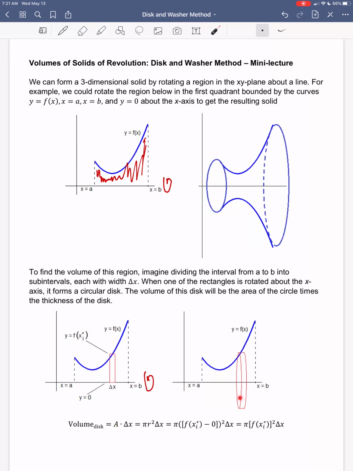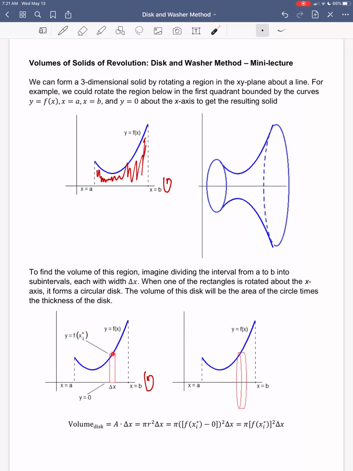But the area is just going to be, that's the area of a circle, so that's pi r squared times delta x. And the radius then is this distance that's the height of the rectangle, essentially. We had this funny thing before, and it's still here, this x sub i star. Remember, x sub i star is just one of the x coordinates in this subinterval.